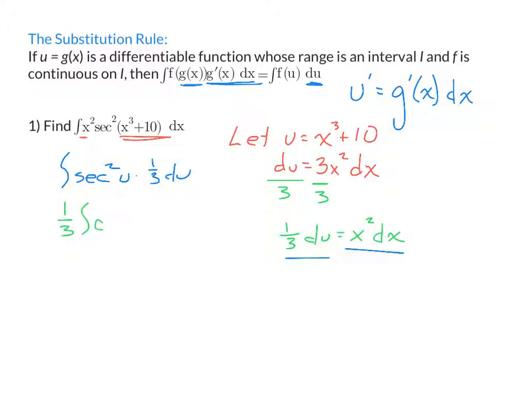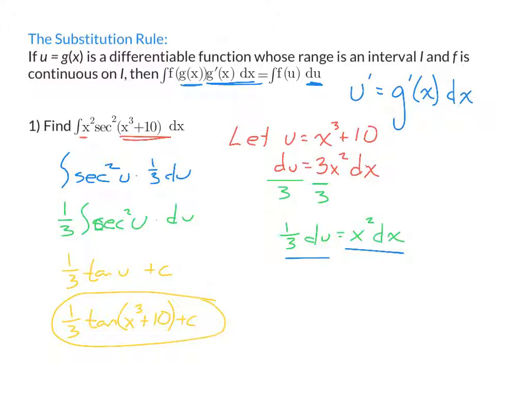So secant squared of u du. And now we do the integration. The integral of secant squared is tangent, so we end up with 1/3 of tangent of u, still plus c, and now we input our original information for u. So 1/3 tangent of x cubed plus 10 plus c, and there is the antiderivative.